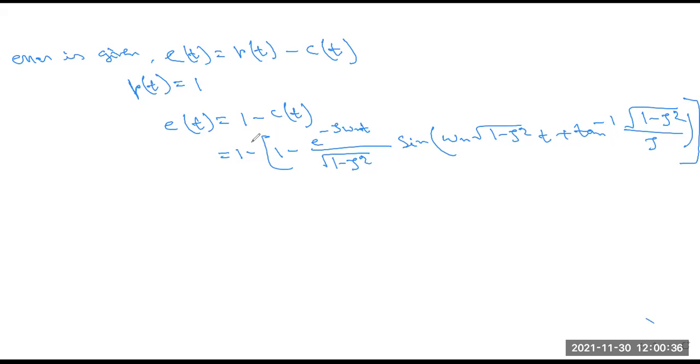So 1 minus c(t) we have to apply here. When the bracket is opening, the 1 and 1 cancel, and minus minus is positive.